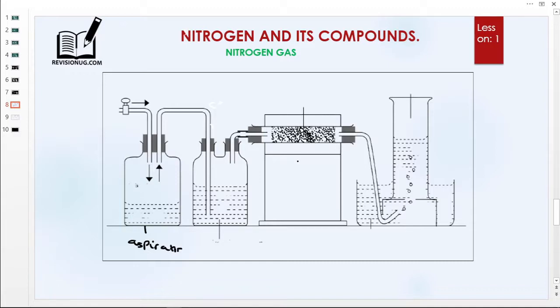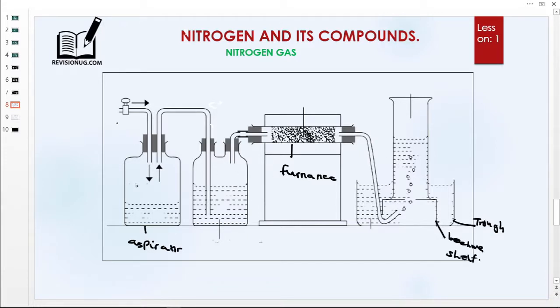This is the combustion tube, here it is the furnace. Then this is a delivery tube. Now this is a water trough. Then this is a beehive shelf.